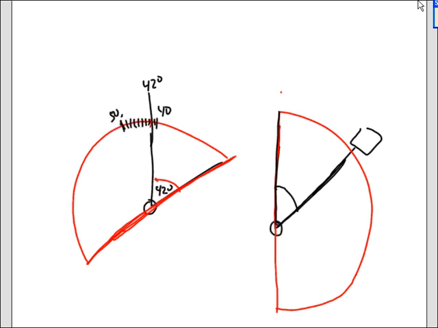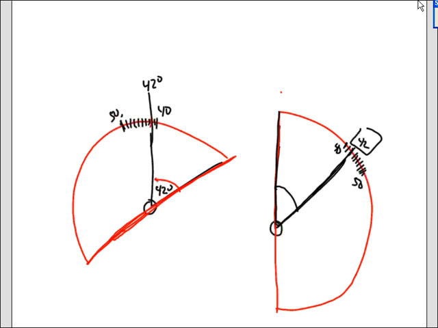And just like before, you're going to have, say, 40 right here and 50 there. You have 40, 41, 42, 43, 44, 45, 46, 47, 48, 49, and then 50.